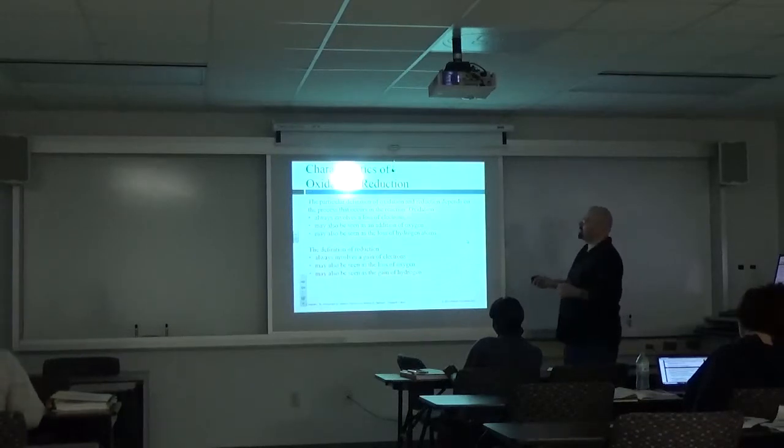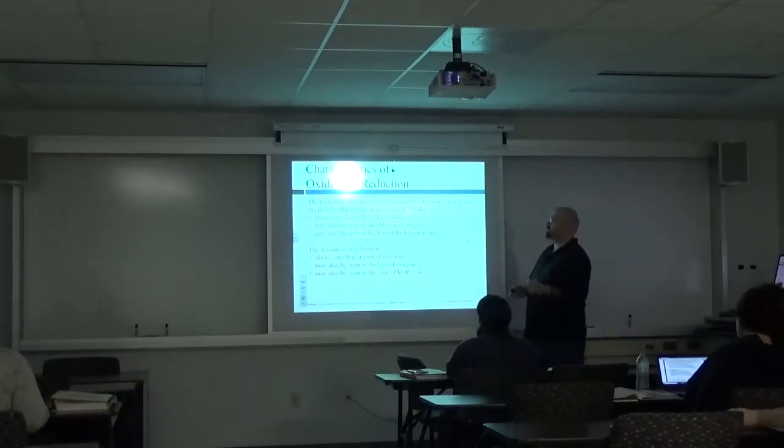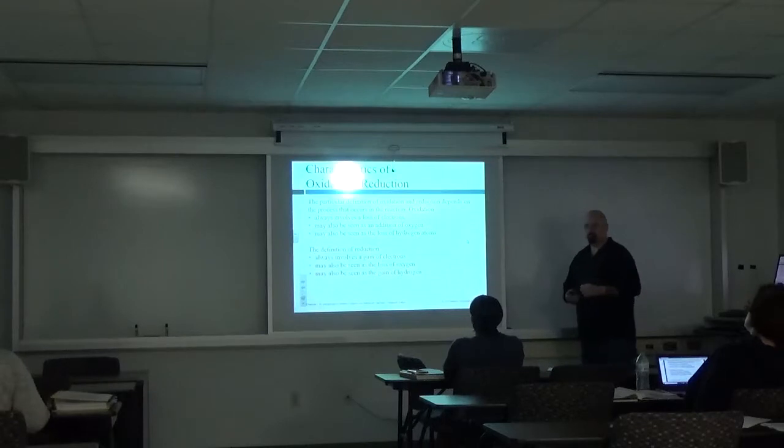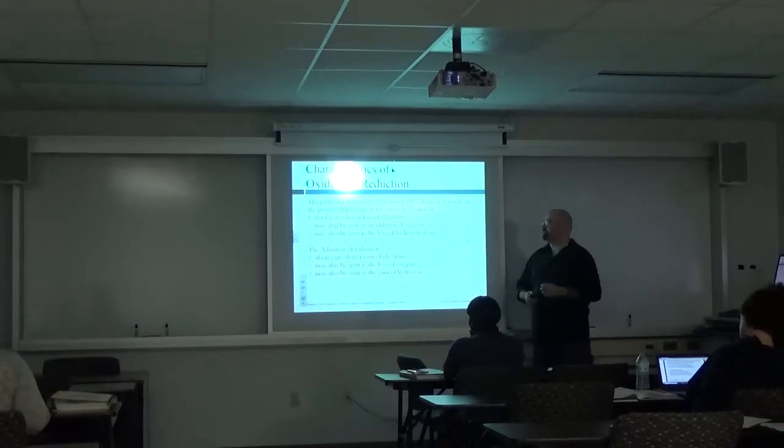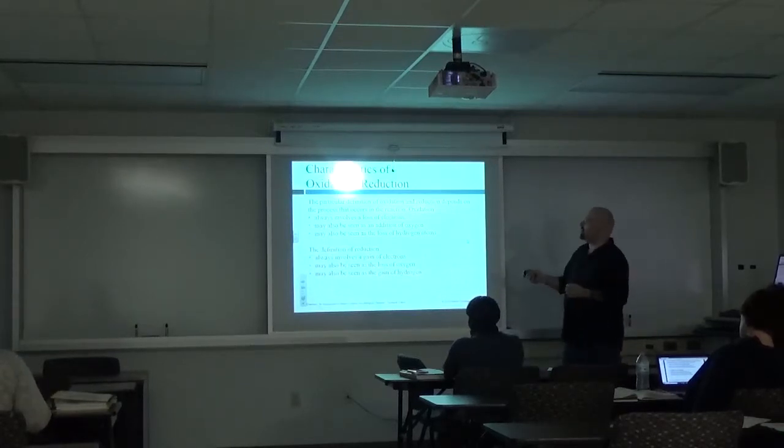Oxidation is always going to involve the loss of electrons. It is sometimes seen as the addition of oxygen, which is why we call it oxidation, because oxygen is what is receiving the electrons.